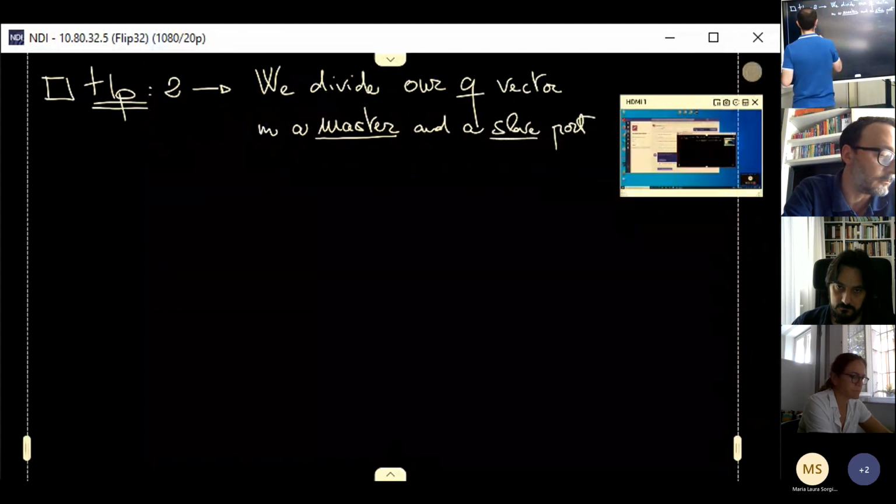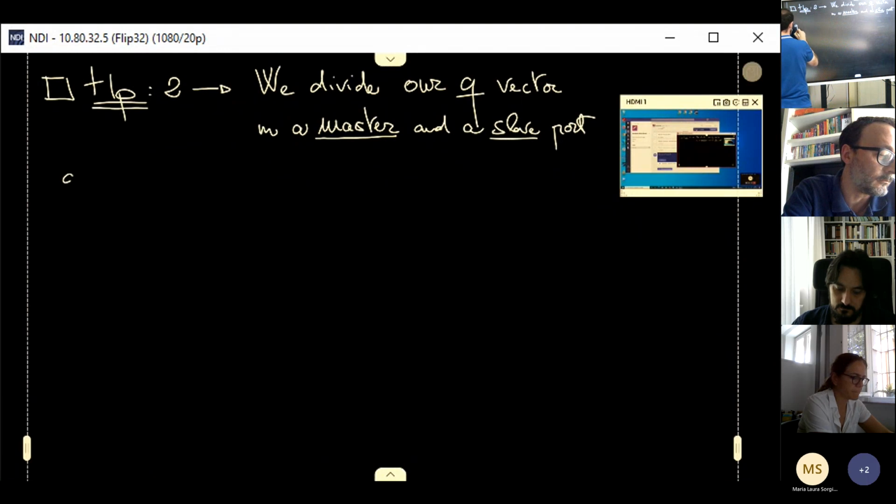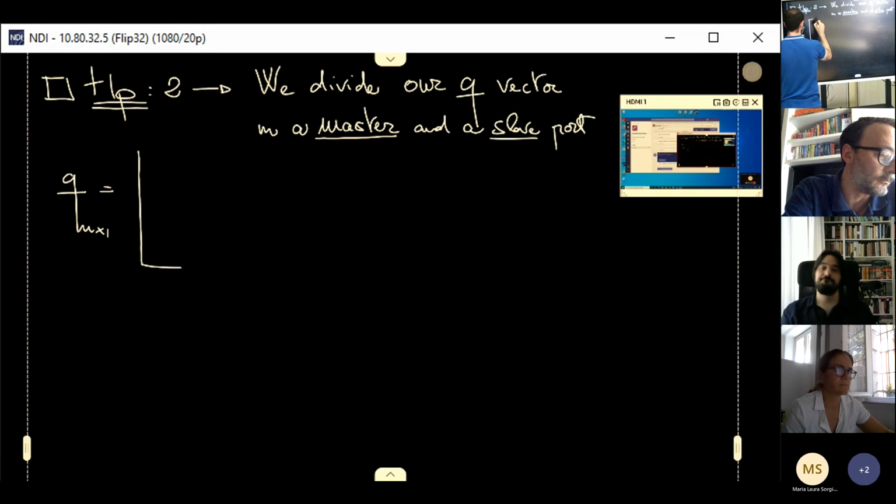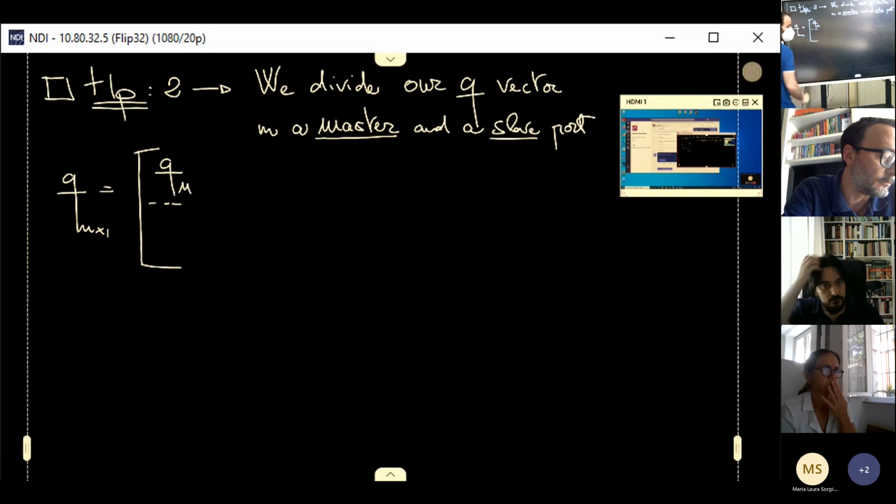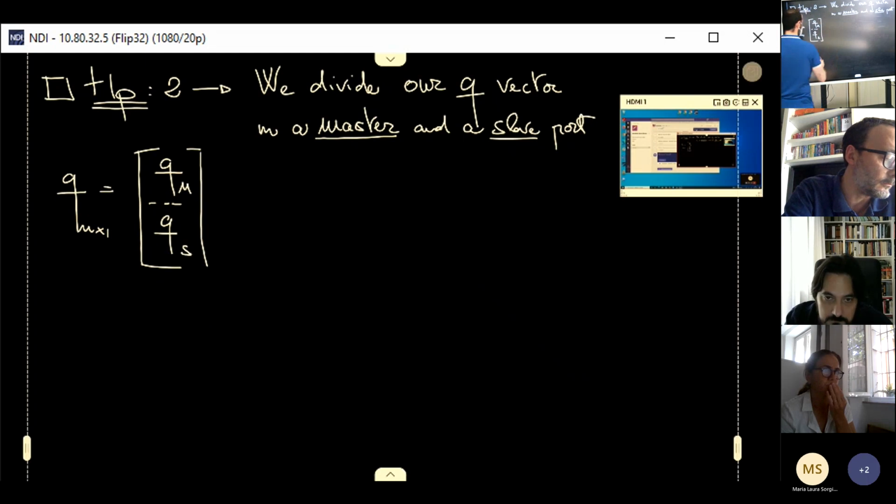Basically we're going to make a partition like so. Q, which is an n times 1, is typically dividable into a Qm and Qs vector.